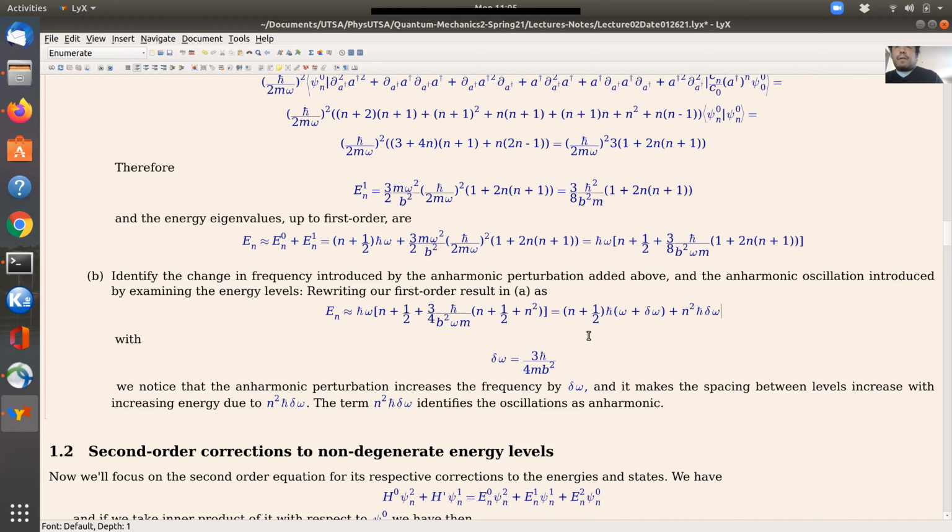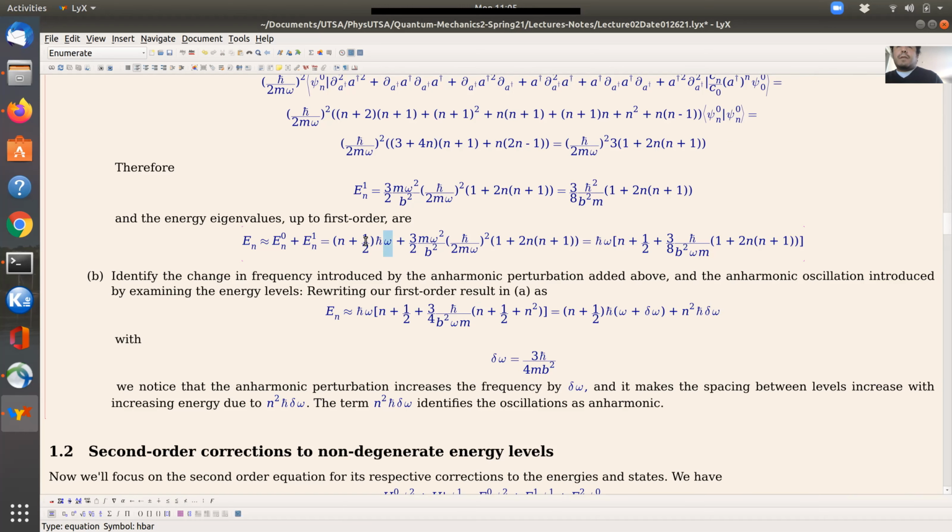And so this is nice for the following. For the harmonic oscillator, the frequencies were of this form, right? What you're doing when writing the term in this fashion is basically expressing the changes in the energies in a couple of ways. The first one is a change in frequency, and that's why the factor of n plus 1/2 was important to express. So this is saying the new energies are like the old energies, but there's a shift in the frequency on one hand.